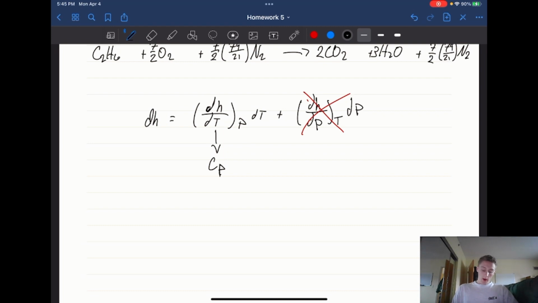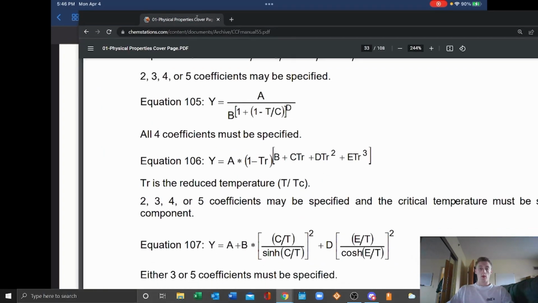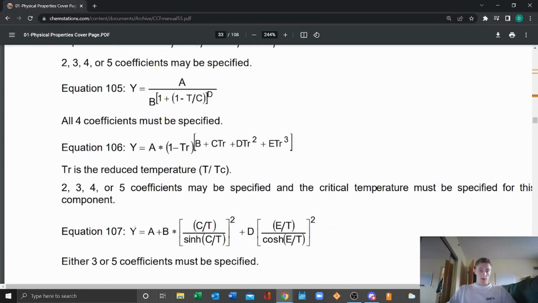And then for our specific heat, there's an equation in ChemCAD that I want to reference. Let me pull it up. Yeah, here we go. So I'm going to copy it down.